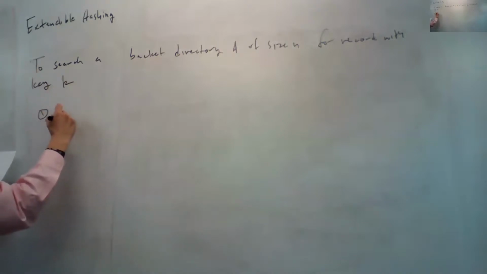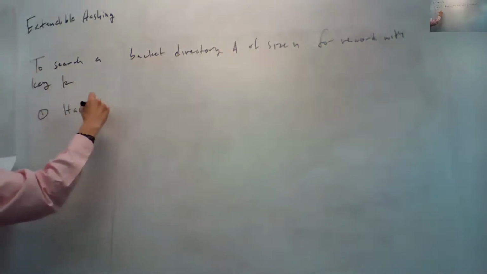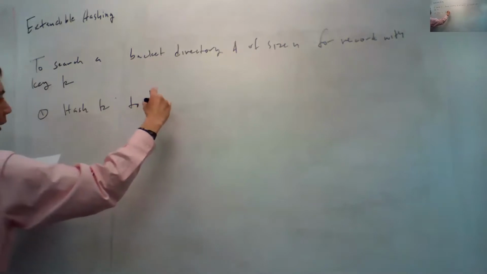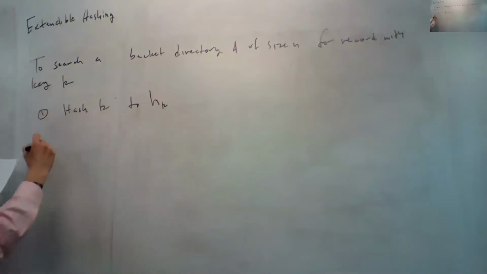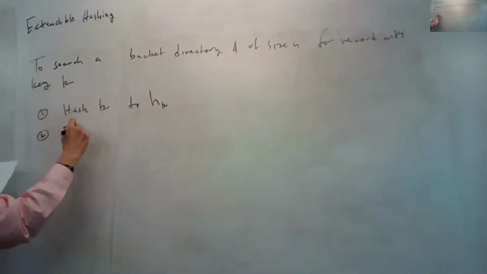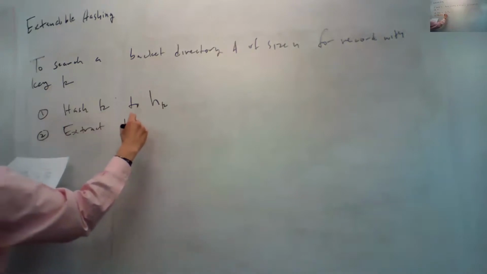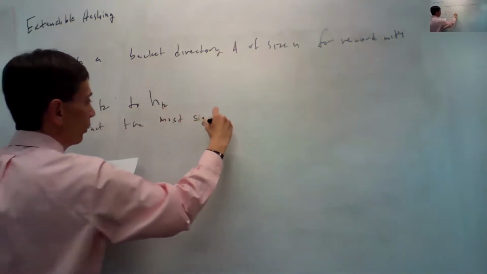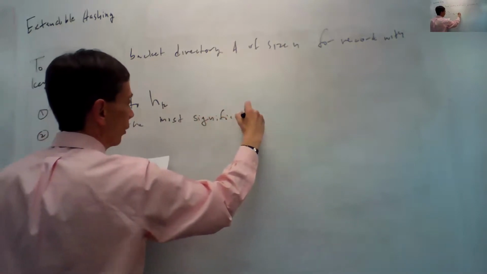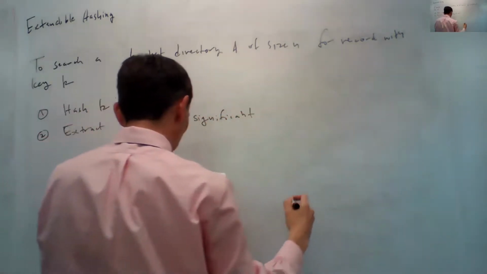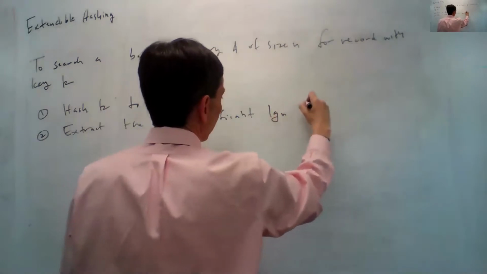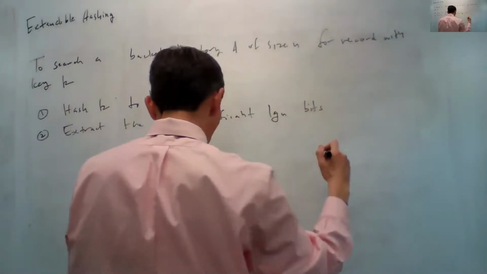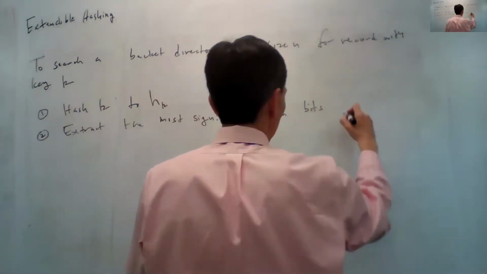First, we hash k to h(k). Second, we extract the most significant log base 2 of n bits of h.